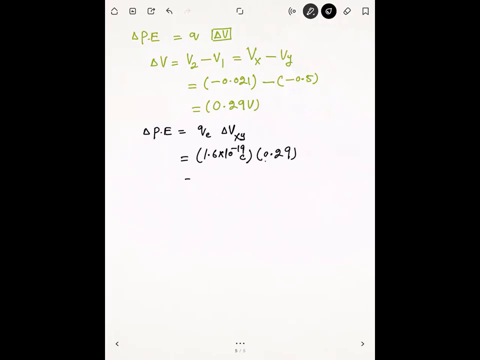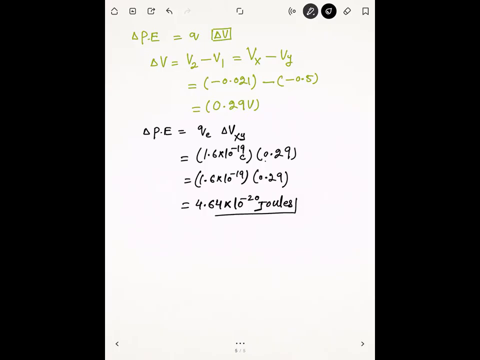And the answer here would be 1.6 into 10 power minus 19 into 0.29. And the answer of this calculation is 4.64 into 10 power minus 20 joules.